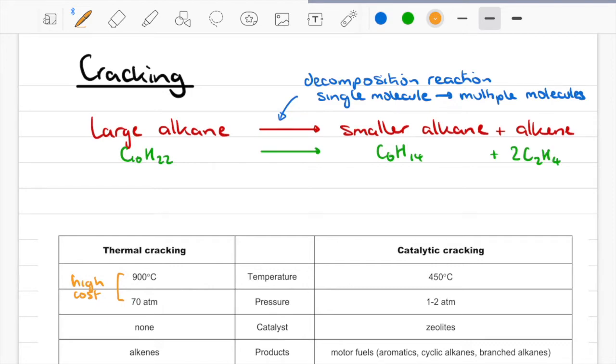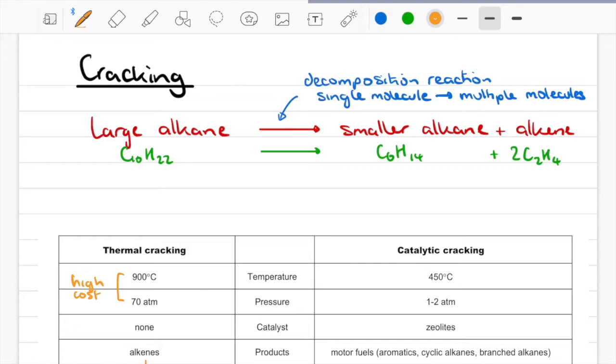So why are we bothering to do it instead of catalytic cracking, which we can see is certainly at a lower temperature, and the pressure is basically atmospheric, slightly greater pressure, but not much? And why are we doing that? Because we actually get different products. We're going to get alkenes if we do the thermal cracking, and they are useful for making polymers, so addition polymers.